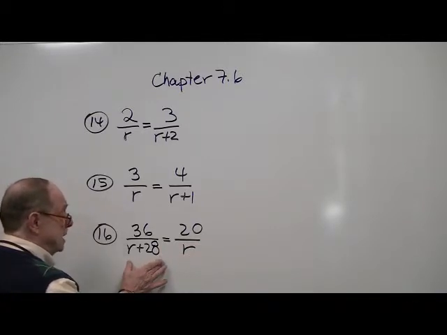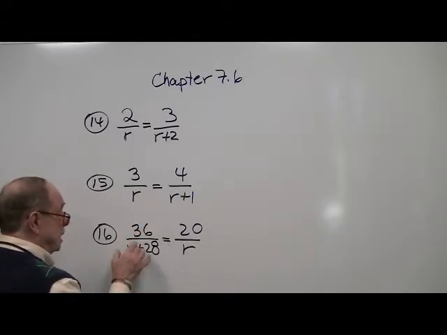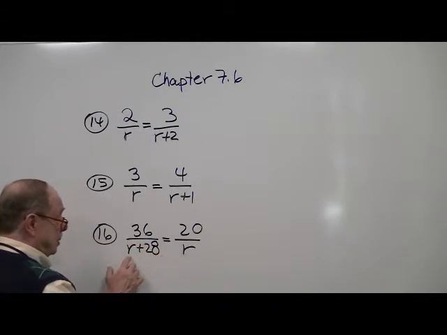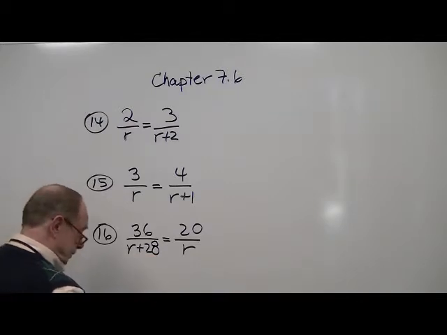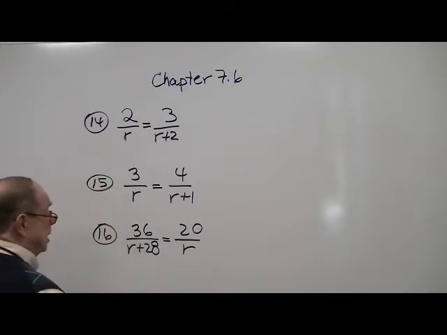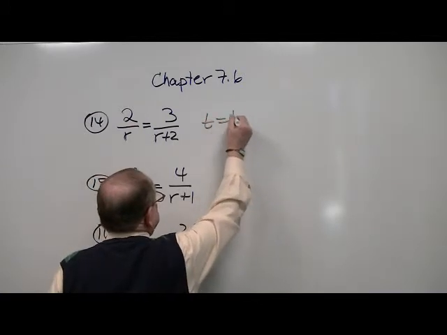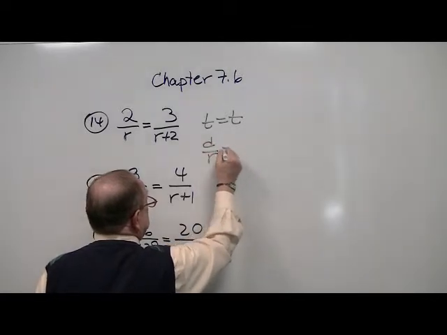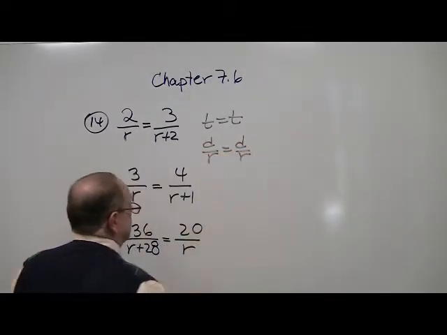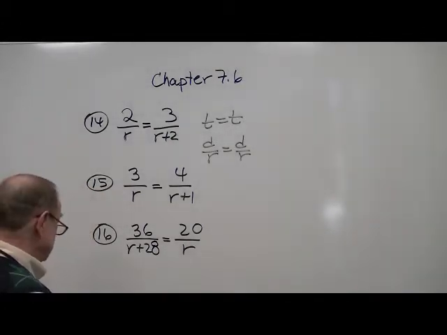And the same amount of time, they do 36 miles on level road, but here the rate is 28 miles an hour faster. So all of these equations are based on that time equals time, and that time is distance divided by rate. So if you keep that in your mind, that will bring you success.